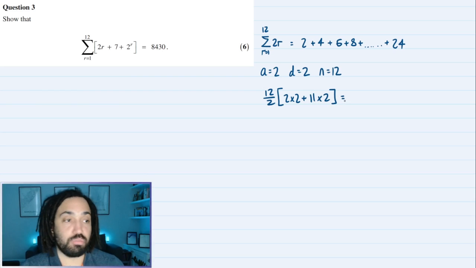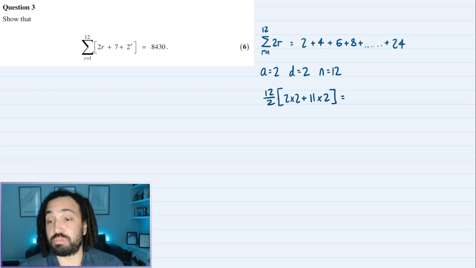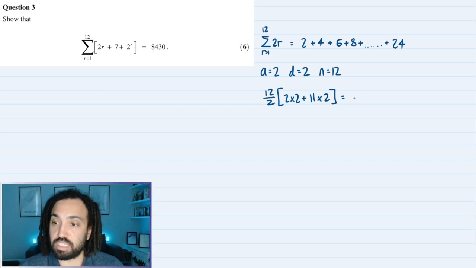That's the summation formula, which is in your formula booklet, but you should remember it really from GCSE. So that's 4 plus 22 is 26, times 6, which is 120 plus 36, so it's 156.